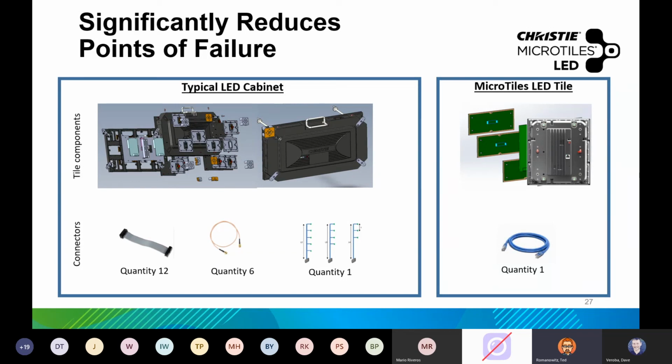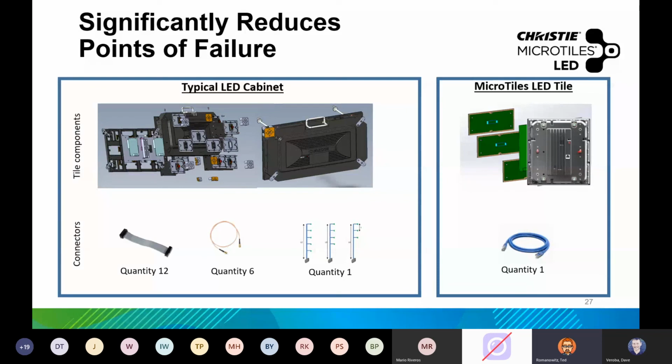So if you really go for it and tear one apart, a 27-inch cabinet, you'll find a cluster of metal mechanical pieces, screws, bolts, nuts, just all kinds of crazy things, as well as a plethora of circuit boards, control systems, receiver cards, as well as, many times, the internal power supplies, literally crammed inside this cabinet, as well as almost 20 cables that are required inside the cabinet, in addition to many others outside the cabinet, to loop through the power and video signal across the entire LED video wall.